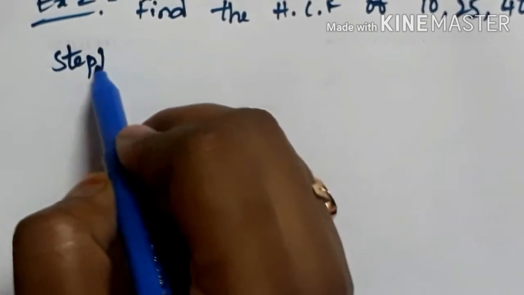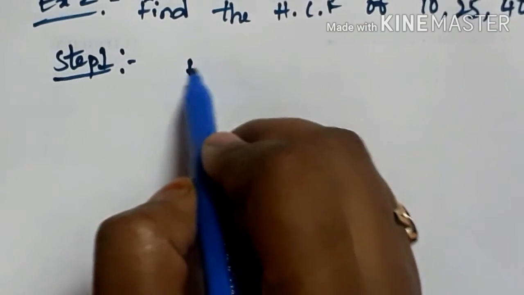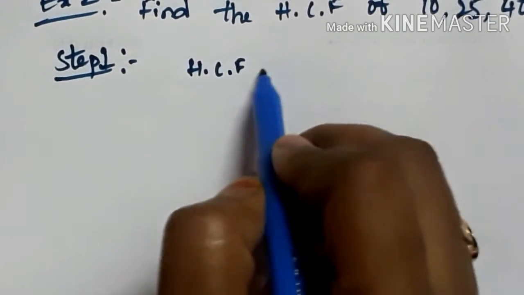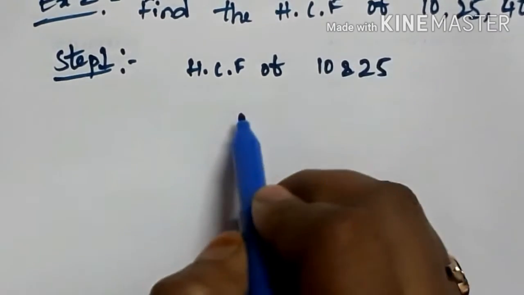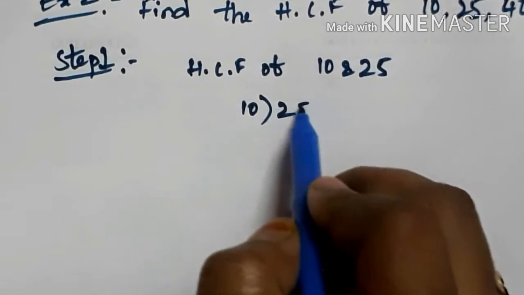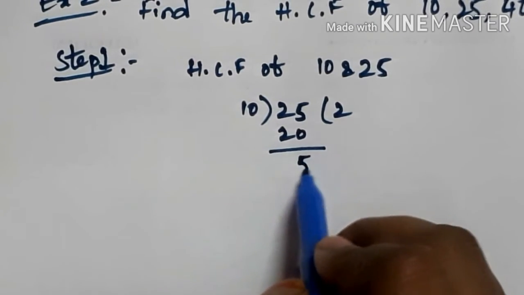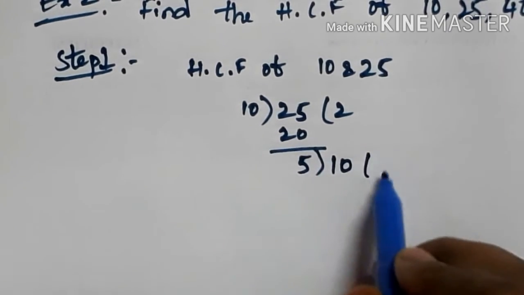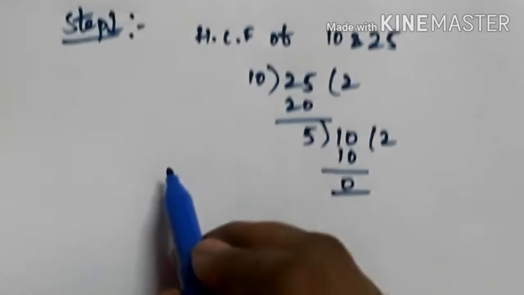Divide 25 by 10, that is, 10 twos are 20. So the remainder is 5. Again you need to take the last divisor, that is 10. 5 twos are 10. So the remainder is 0.